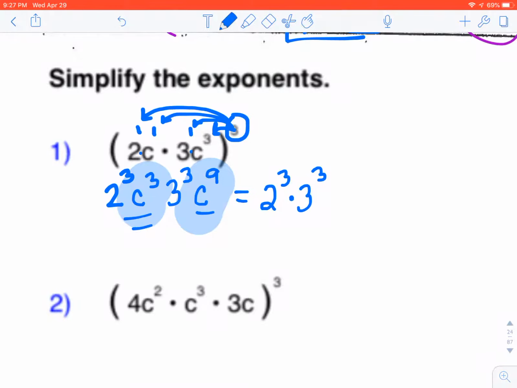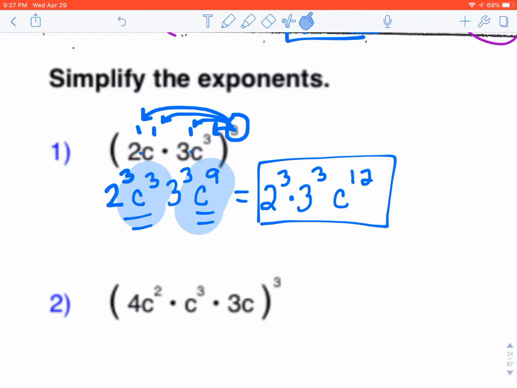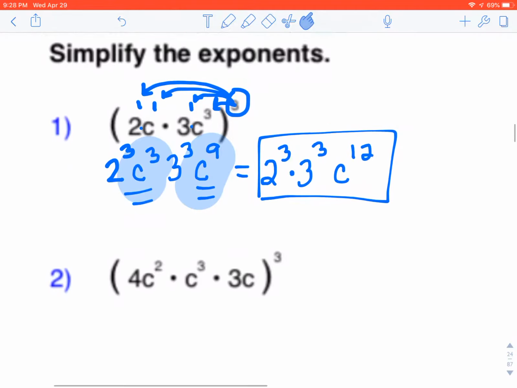Now your c's, you're multiplying same base, so you're adding the exponents. So that becomes c to the 12th. So your simplified answer is 2 to the third, 3 to the third, c to the 12th. Again, all the bases are different, and your parentheses are gone. So hopefully that makes sense.